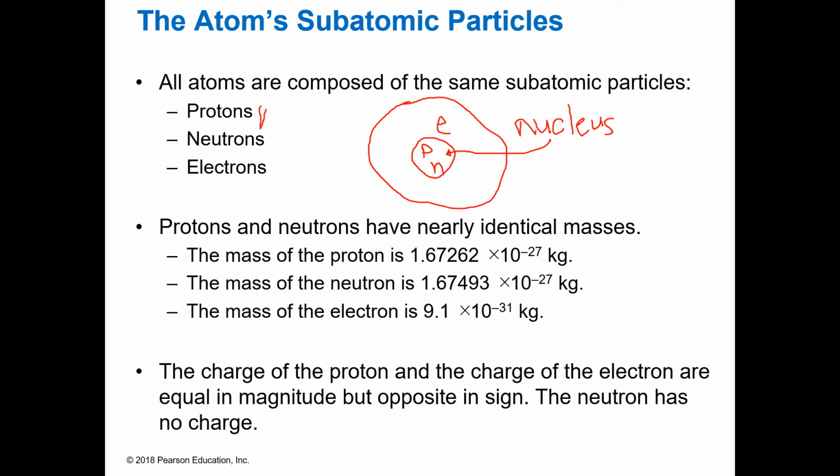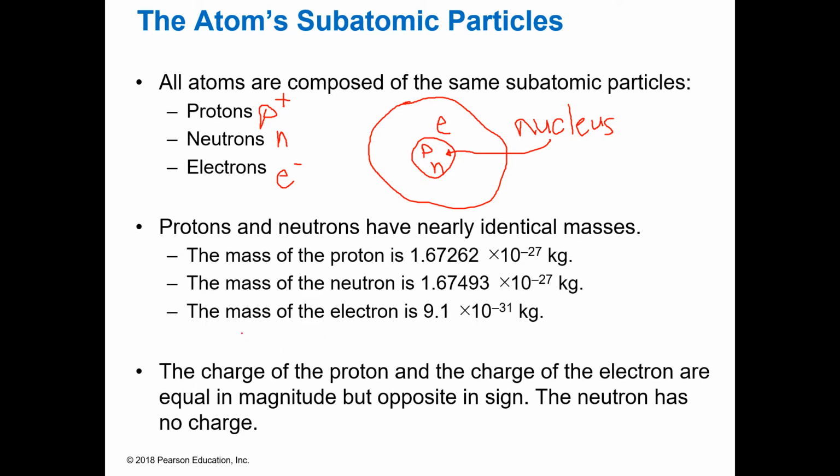Protons, which we'll just symbolize with a P, they are positively charged. Neutrons, which is symbolized with an N, they have no charge. They're neutral. And then electrons, which we'll symbolize with an E, they have a negative charge. And we look at it as -1, and for protons, +1.